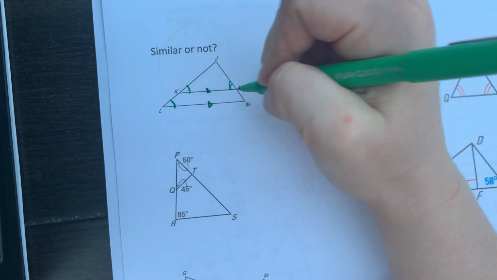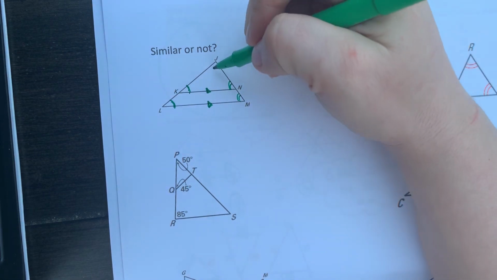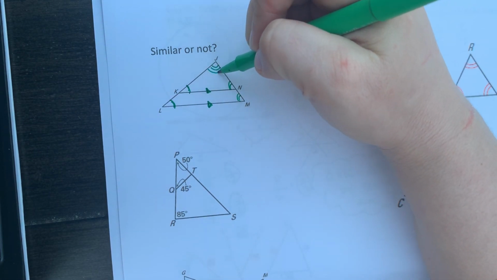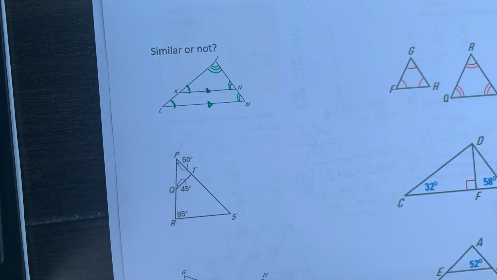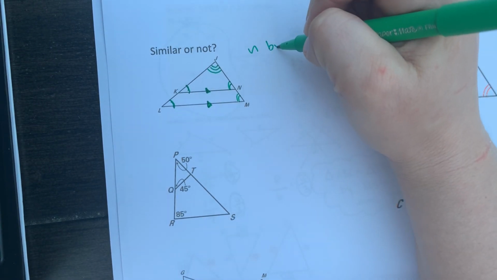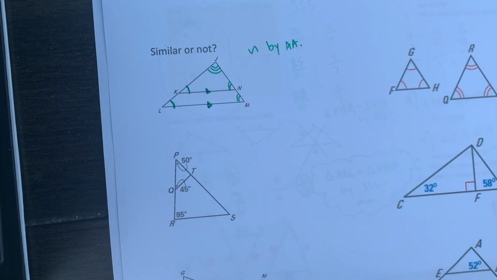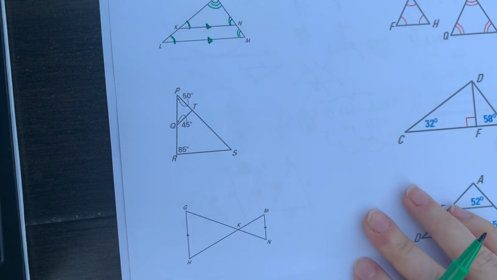Same thing with N and M. They have to be congruent as well. And then of course, obviously these triangles share angle J. So these triangles definitely are similar by AA. We know they have 3 sets of angles in common, but we only need 2 to have the theorem.